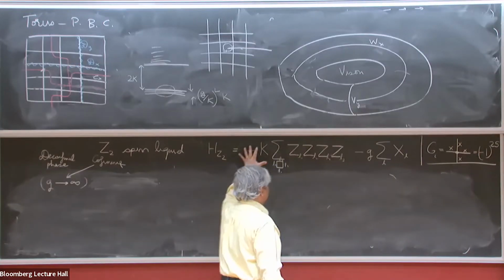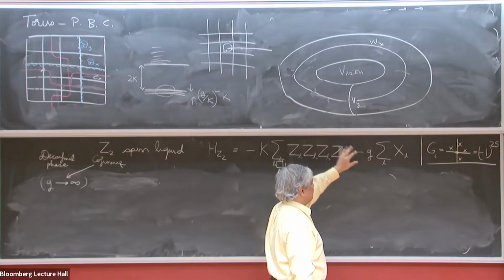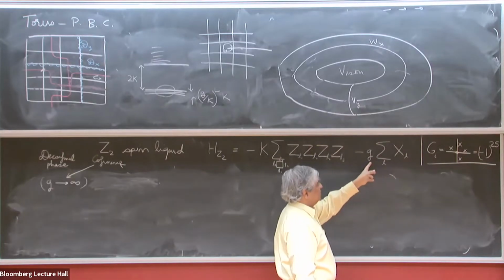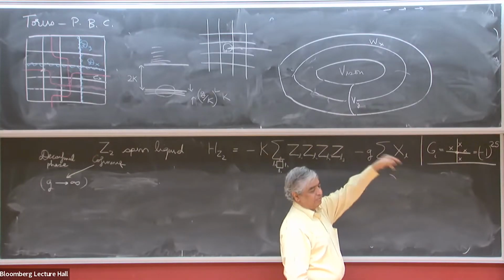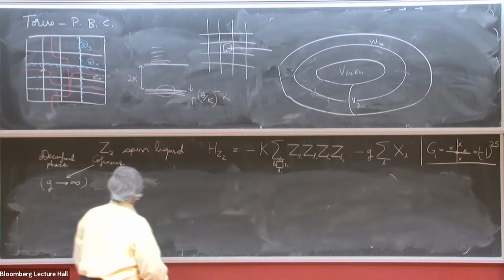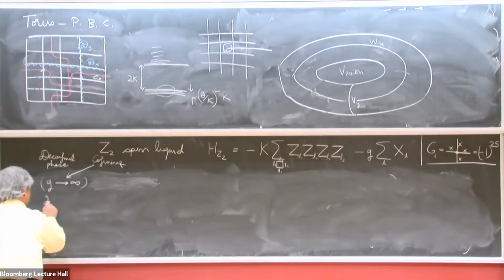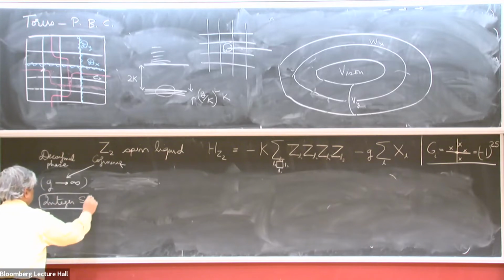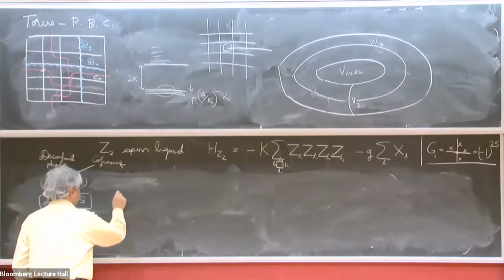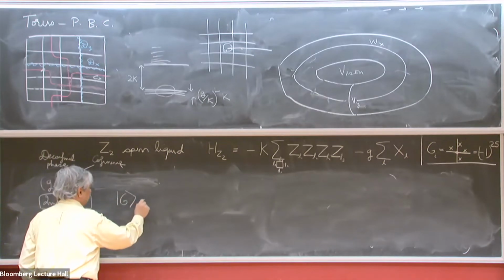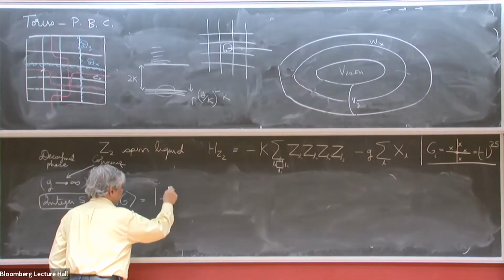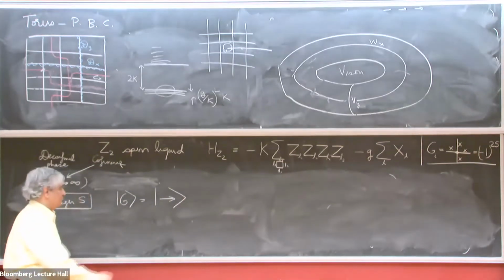When g goes to infinity, you forget about this, and so you just have to optimize this. That means you just put every spin pointing in the right direction. So for integer S, the ground state is basically unique, which has all the spins pointing in the right direction.